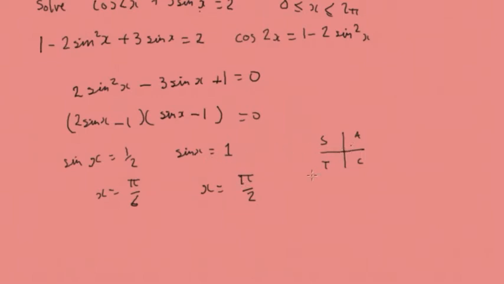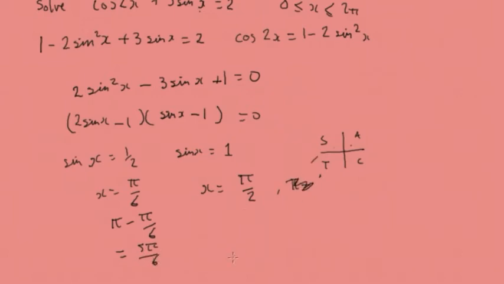So it'll be pi minus pi over 6, which is equal to 5 pi over 6.